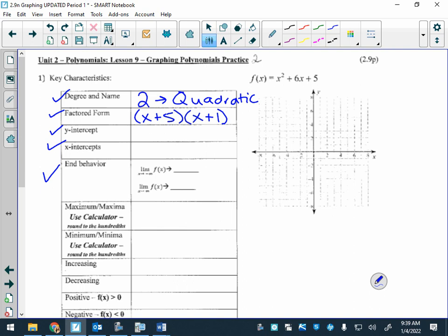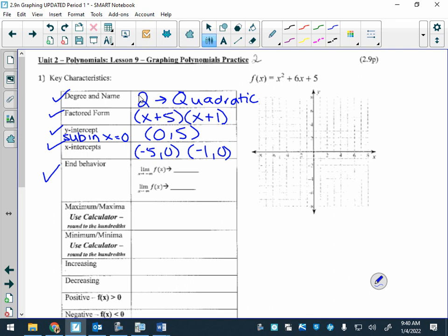What is the y-intercept? Yep. Yes? 0, 5. Anytime you have to find the y-intercept, you set x equals 0. Okay? What are my x-intercepts? Charlie? -5, 0, -1, 0.